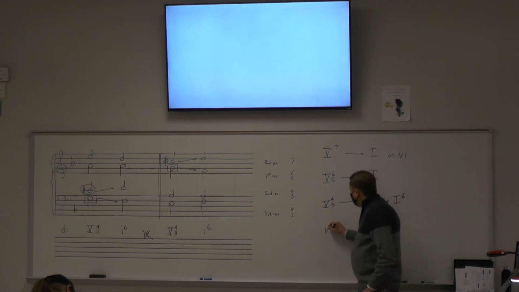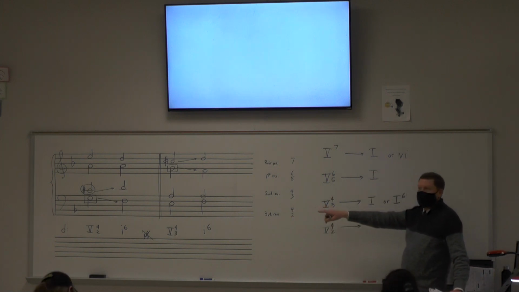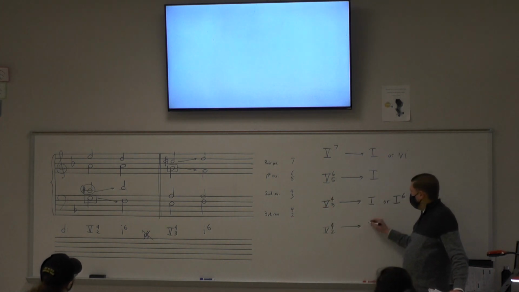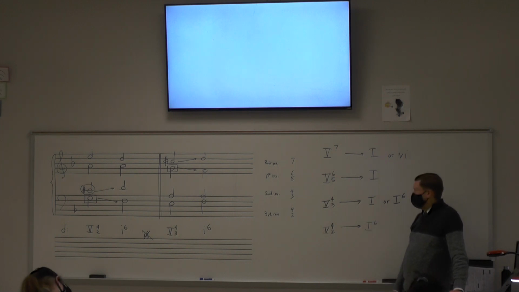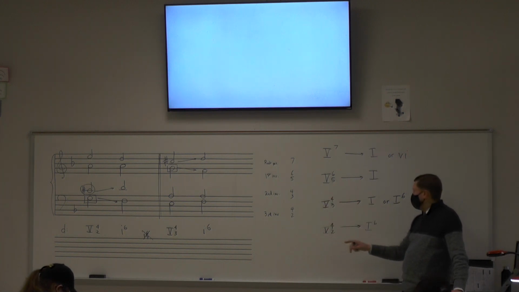And finally, the 4-2 only has one option. Which bass position of 1 does it have to go to? 1-6. It has to go to 1-6, because the 7th of the chord is on the bottom, and that will come down by step, which will give me the 3rd of this chord in the bass, which will make it 1-6.